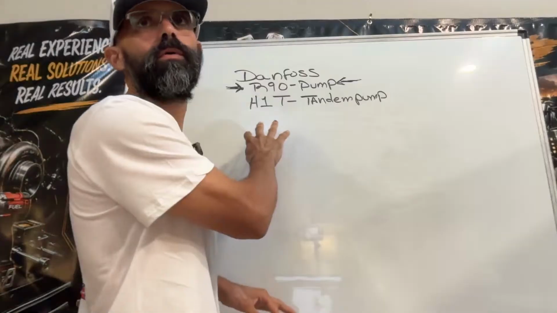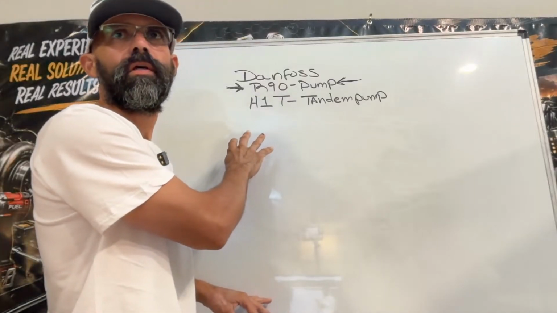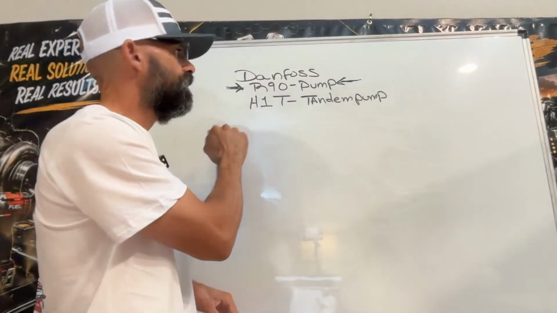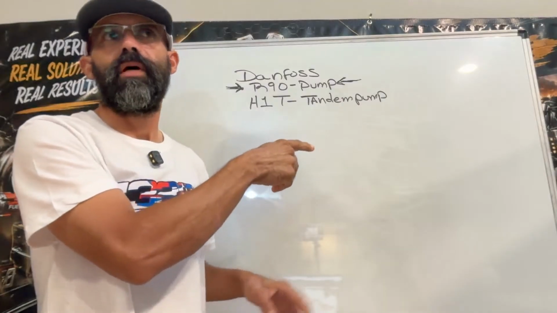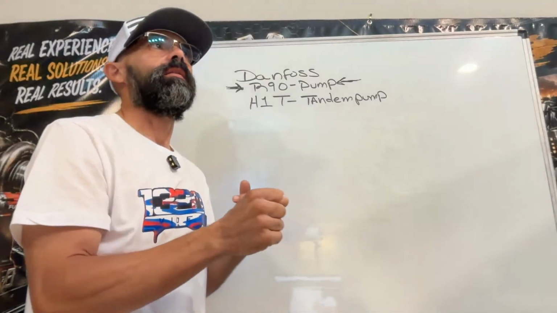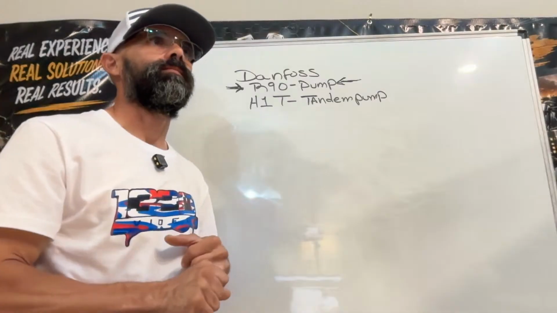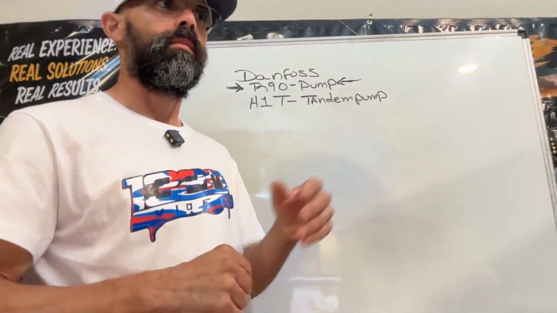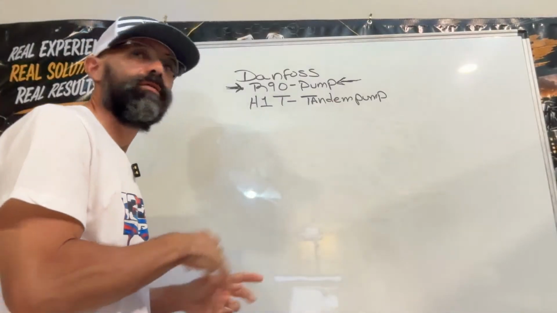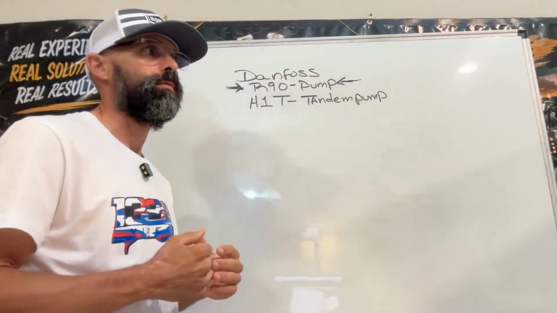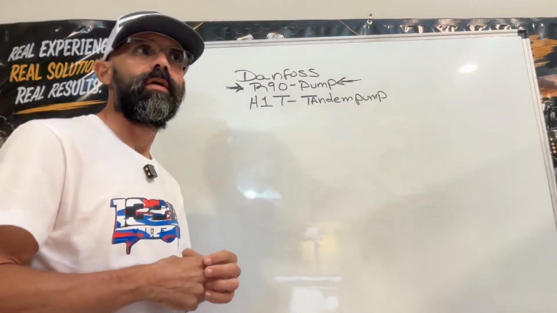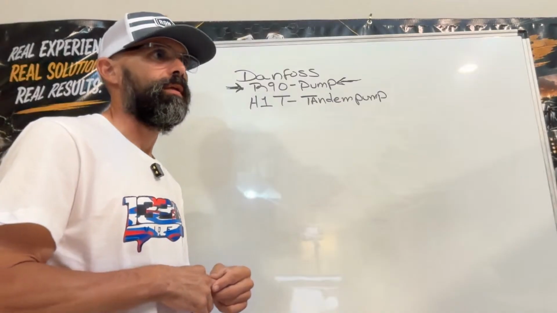As far as the pump goes, because we're talking about Danfoss, the H1T, and the R90, 75, and 95. But 1015s and 8x12s use a different pump, same system, same principle, like I just mentioned. They are reliable, and it's just getting to know them.